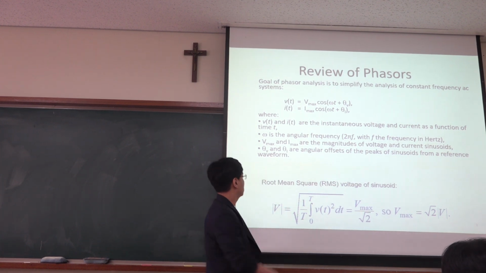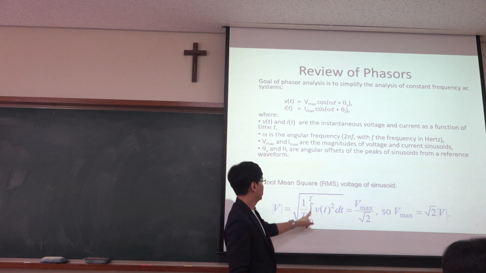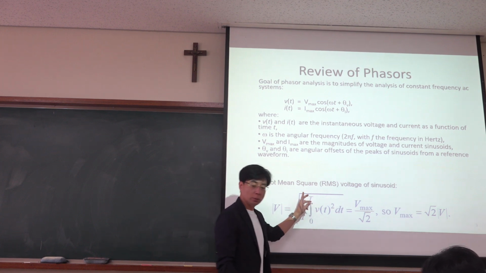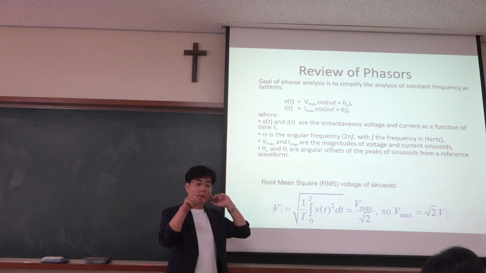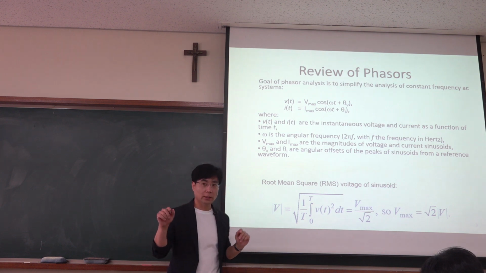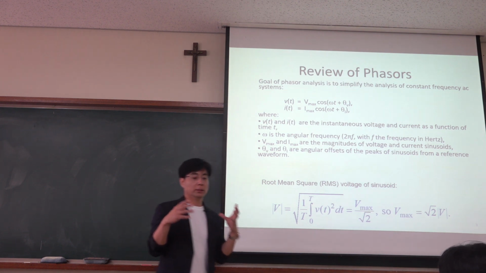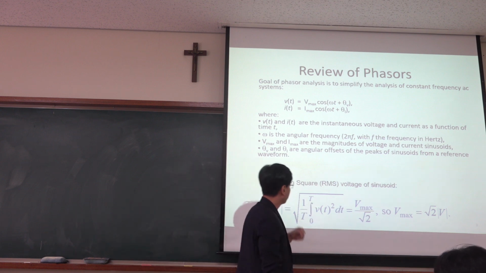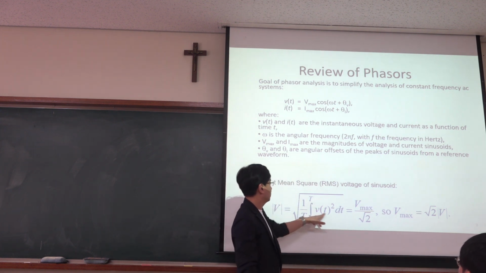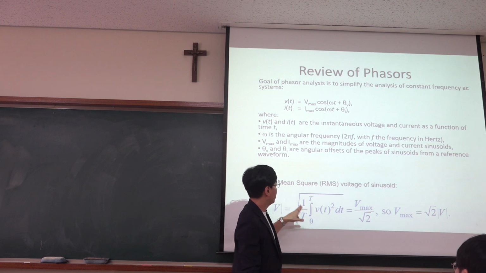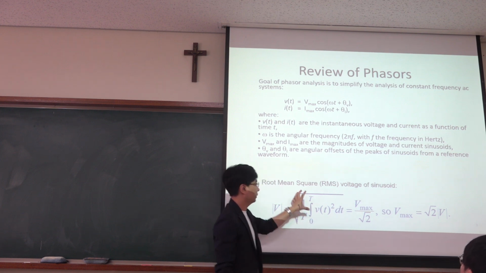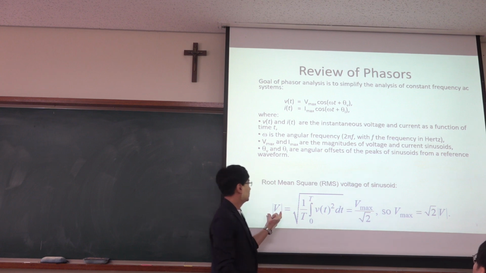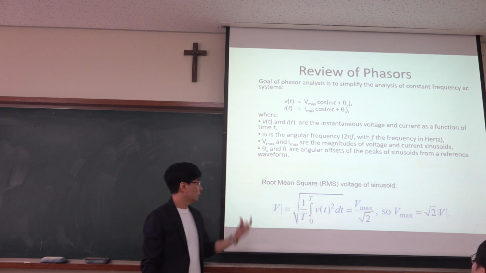Okay, so integration over one period. This one period is 1 over 60 second, because the frequency is 60 hertz. So integrate the square of the voltage over one period of time, take the average, and take the square root of that, and that gives us the magnitude of the voltage.